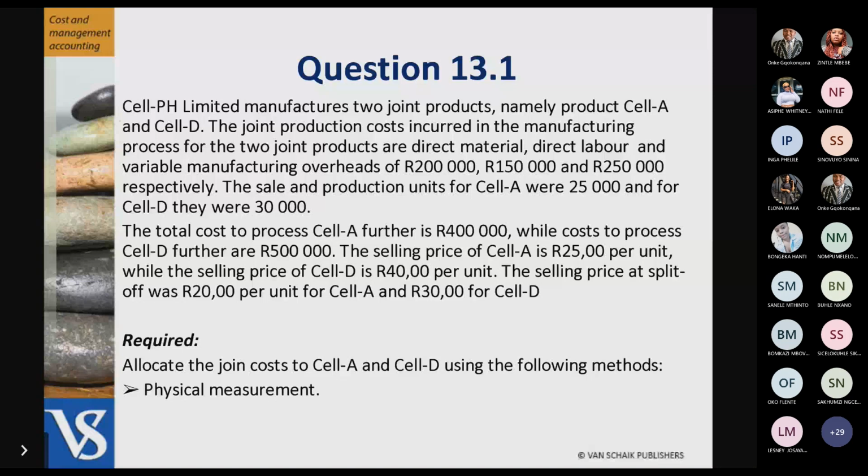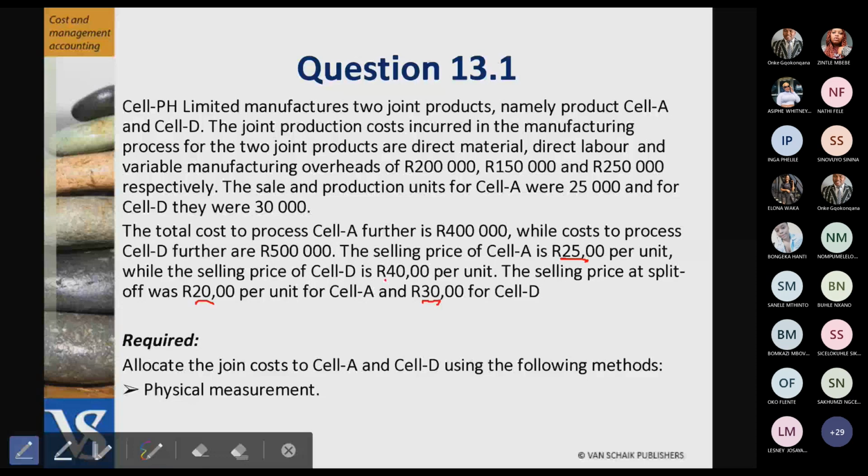That makes sense, guys, because if you further process a product, you are advancing the product, so we're expecting to see the selling price being more. Hence you see that before we further process, the selling price for Cell A was 20 Rand, but after further processing it goes up to 25 Rand. Cell D was 30 Rand, but after further processing it goes up to 40 Rand because of the advancements that are being done.